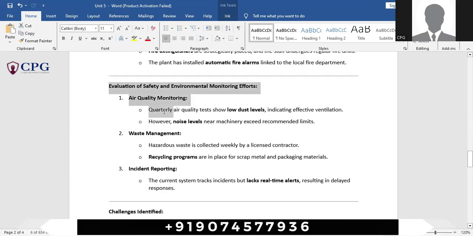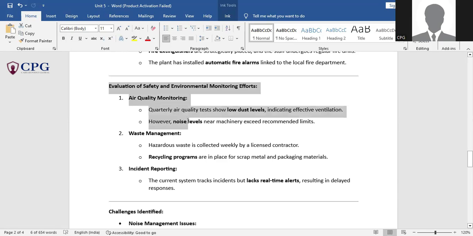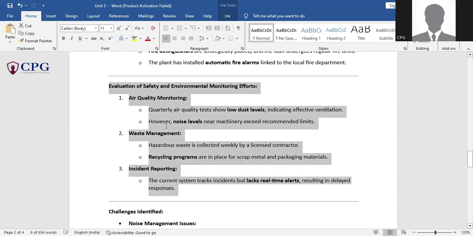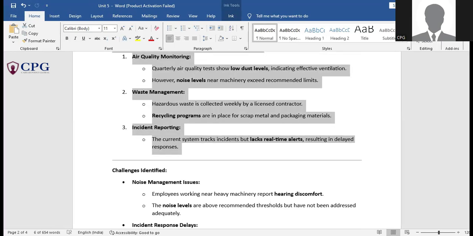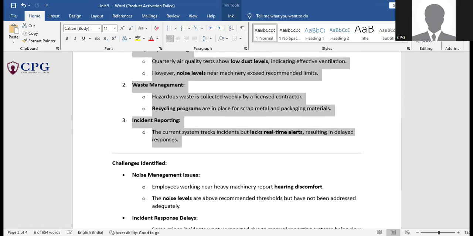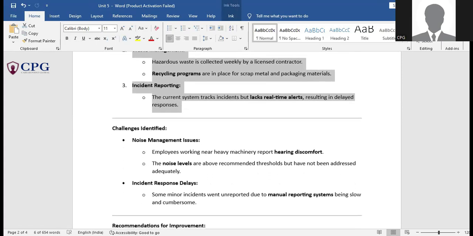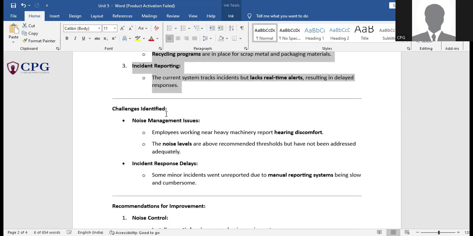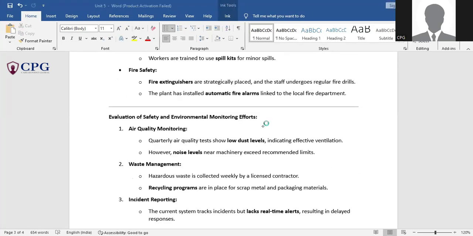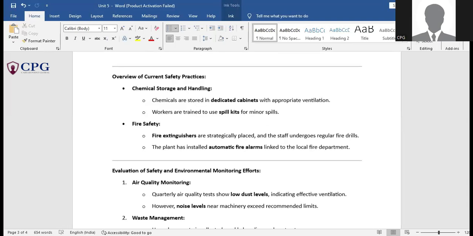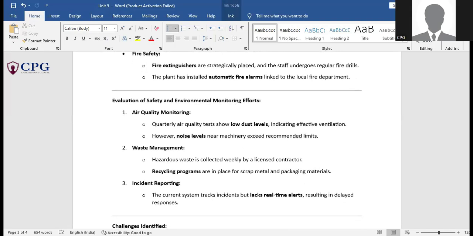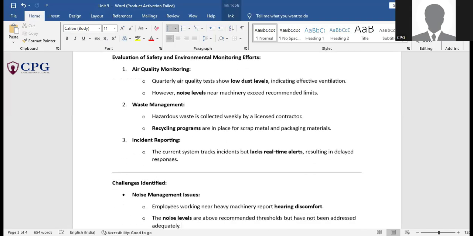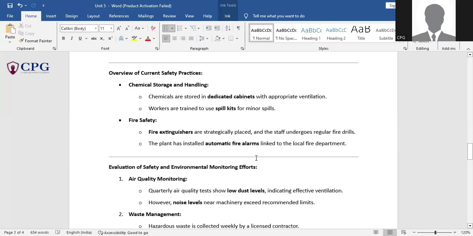And then you are evaluating air quality monitoring, waste management, and incident reporting. Once you identify those, you will be understanding the various problems. The first problem is noise management issues, incident report delays, all those problems you are identifying. So once you are evaluating the various factors, you will be understanding what the air quality is over there, what the waste management is, what the incident reporting mechanisms implemented over there are.